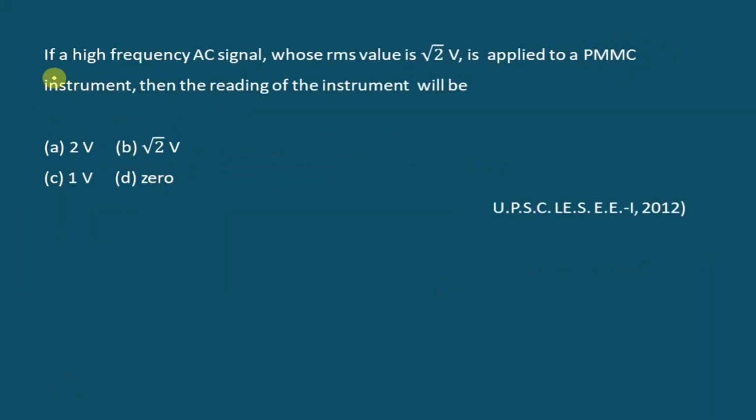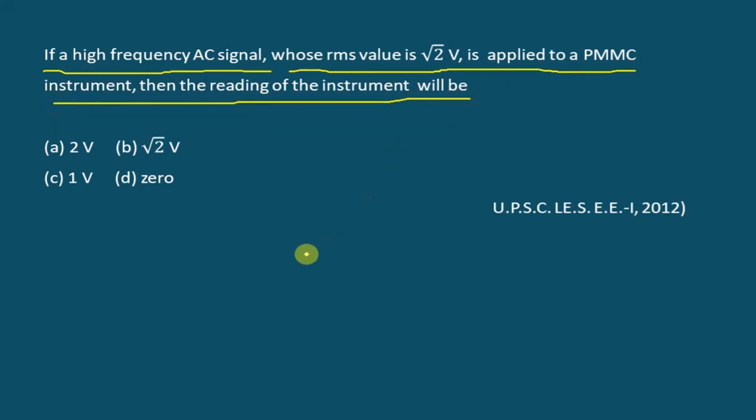The question here is asking: if a high frequency AC signal whose RMS value is root 2 volt is applied to a PMMC instrument, then the reading of the instrument will be? We know that only a DC signal can be applied to a PMMC instrument.